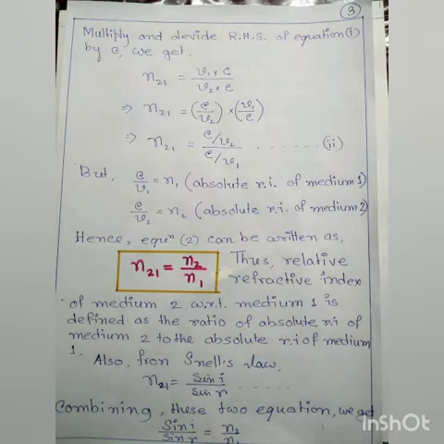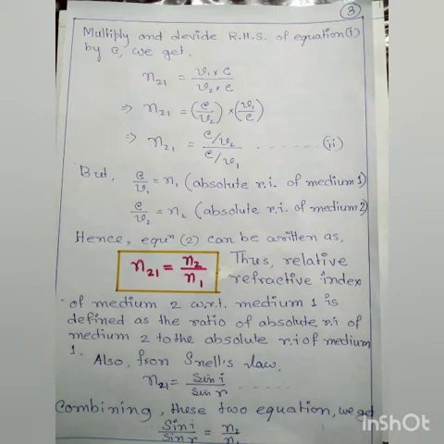So what we will get? Hence equation 2 can be written as n21 equals n2 by n1. Thus the relative refractive index of medium 2 with respect to medium 1 is defined as the ratio of the absolute refractive index of medium 2 to the absolute refractive index of medium 1.